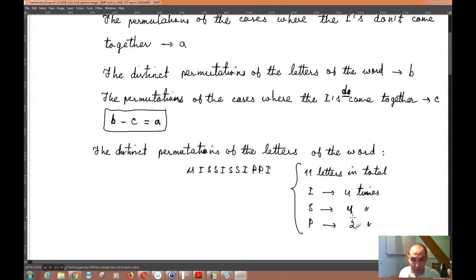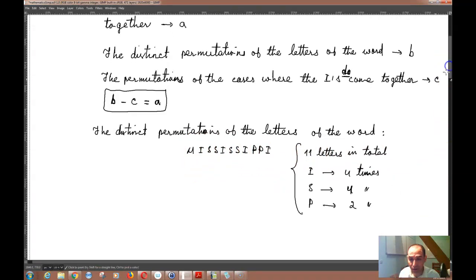So what that means is that if all of these letters were distinct, then of course I would calculate all the permutations of these letters as, for example, 11 permutation 11, which would be 11 factorial.